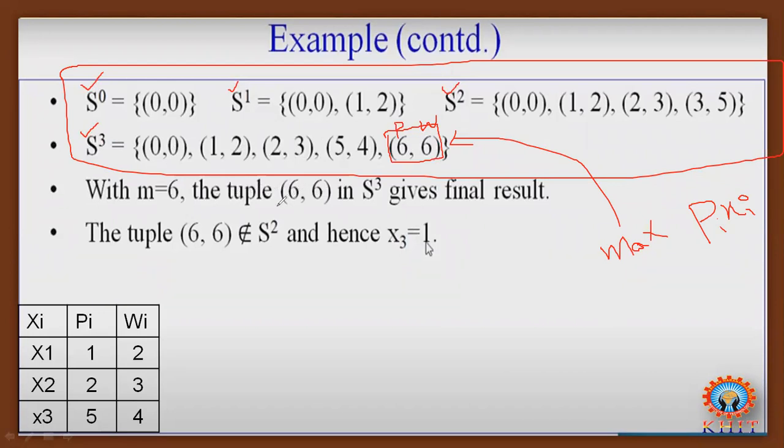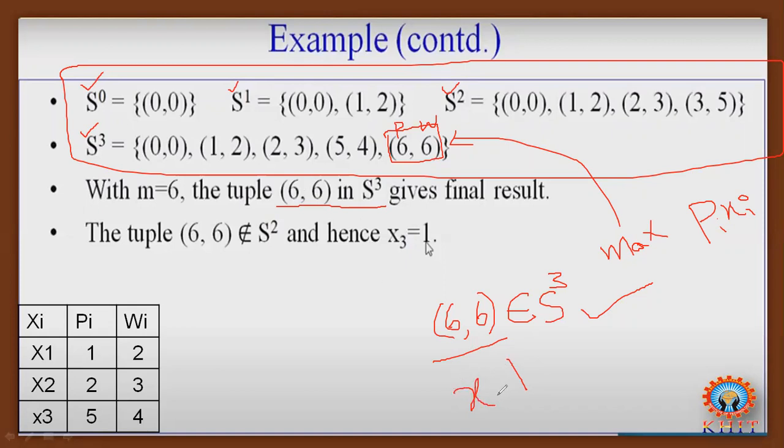The pair 6 comma 6 belongs to S power 3. Now check whether it is correct or not. If the pair 6 comma 6 is available in S3, then X3 equal to 1 means the item is selected.